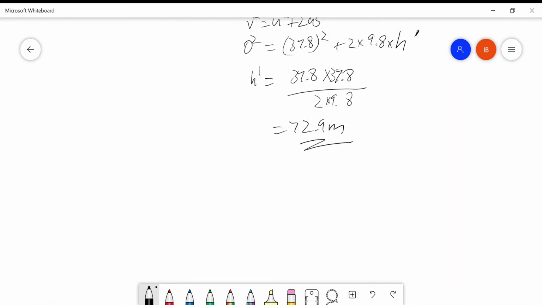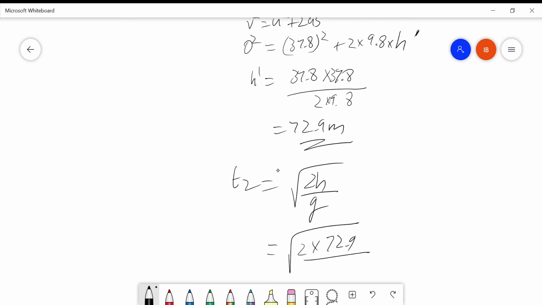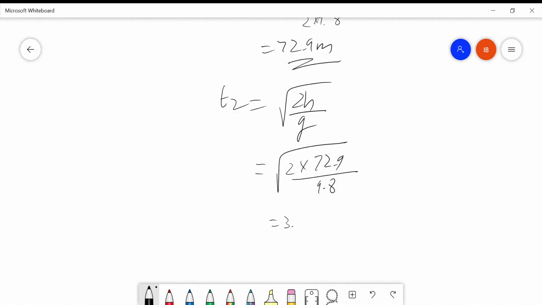Then the time taken for this rebound to take place, we can write T2 is equal to root of 2h by g. That's root of 2 into 72.9 divided by acceleration due to gravity 9.8. Solving this we get 3.8.